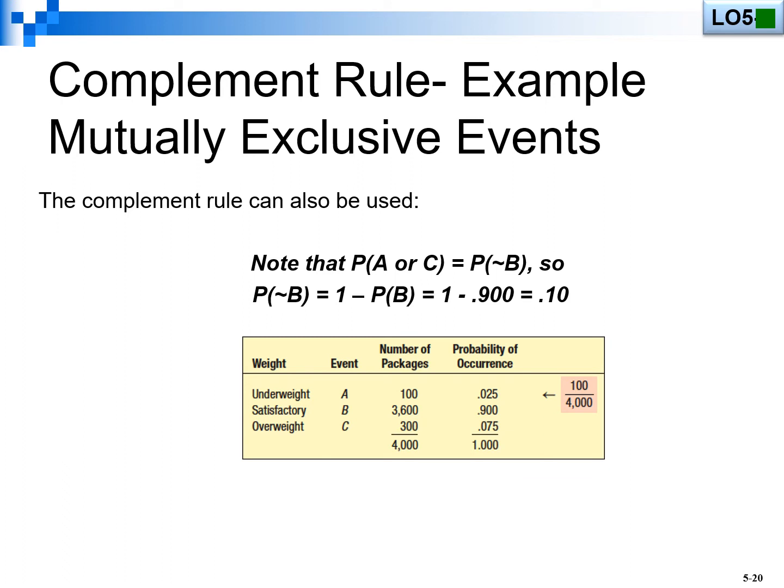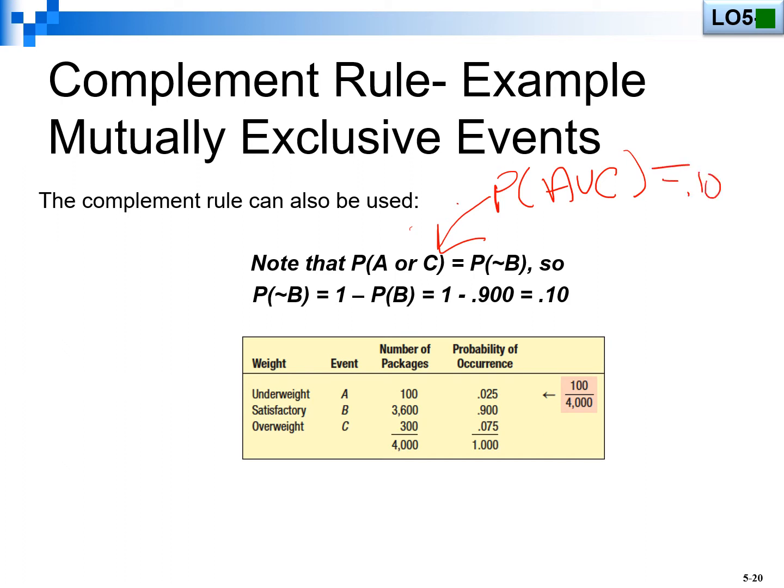So if we would want to know the complement of this union, and again, A or C, I'm going to say that also represents, I'm going to write it like this, the probability of A union C, which basically means the same thing. So let's say, for example, that was equal to 0.10.